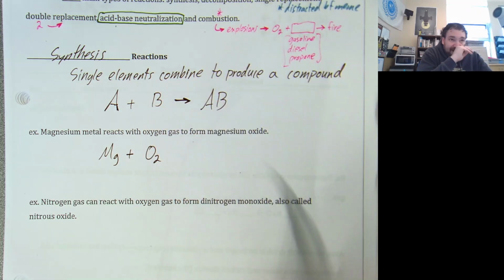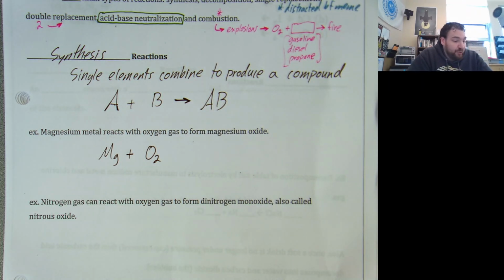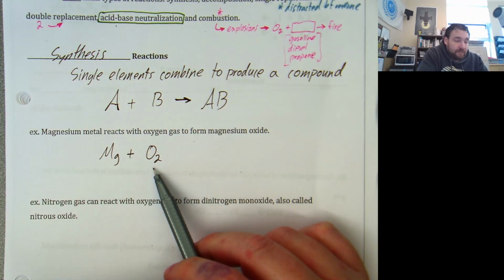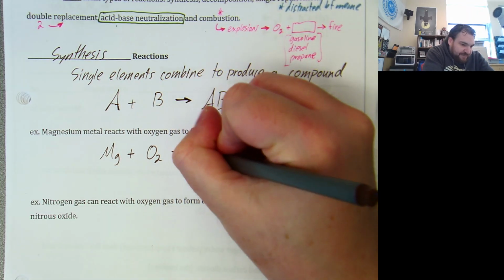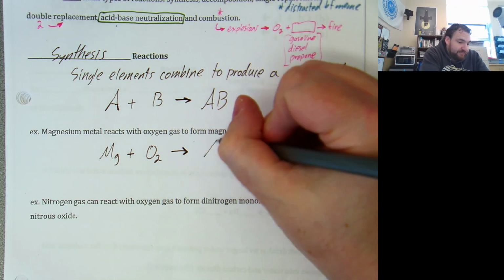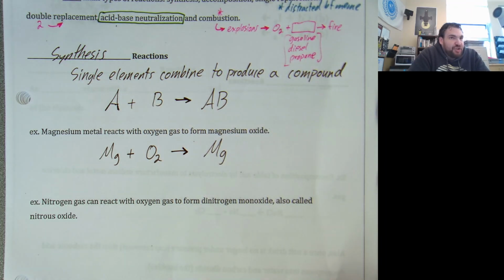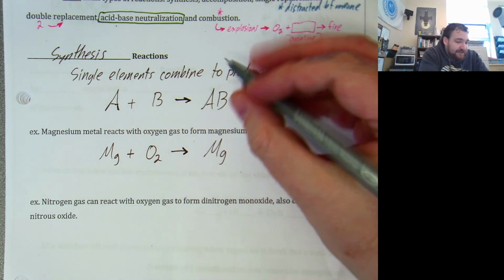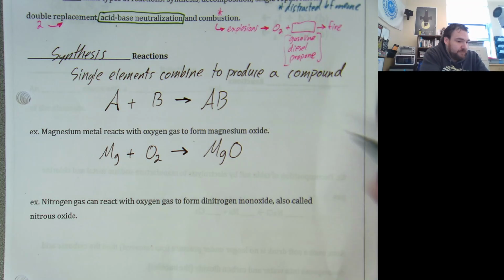Oxygen is diatomic. On its own, it's going to be O2. This is still a single element and a single element. When these guys react, what are they going to make? What's the charge on magnesium? What's the charge on oxygen? Magnesium is +2, oxygen is -2. It's just going to be MgO.